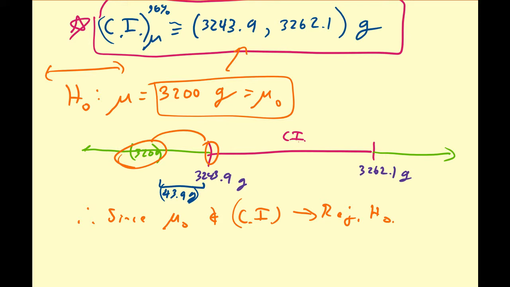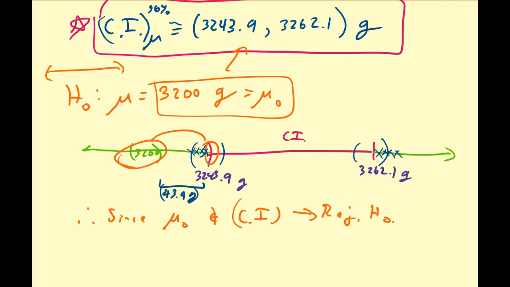But if this number is really, really small, or even if the null hypothesis is really close to the boundaries, either side would have the same discussion, then you should be at least wary of rejecting or even failing to reject something, especially when you are around the boundaries of your confidence interval. That goes towards a subjective argument, whether this null hypothesis is close or not close to the boundaries of your confidence interval.